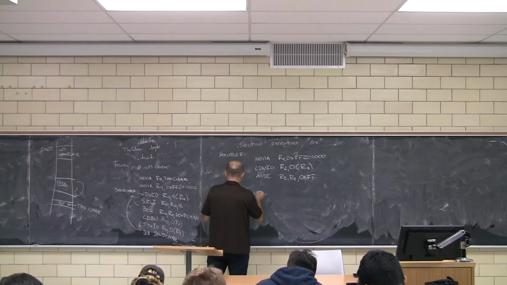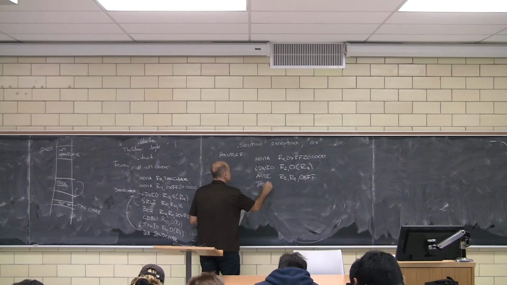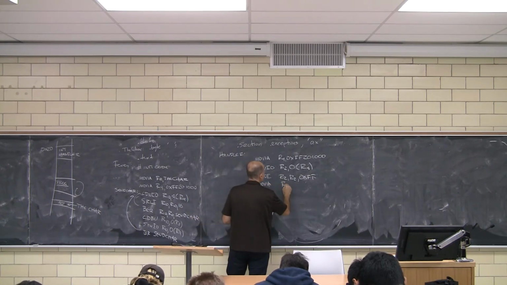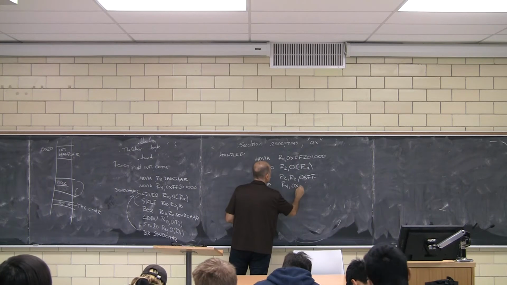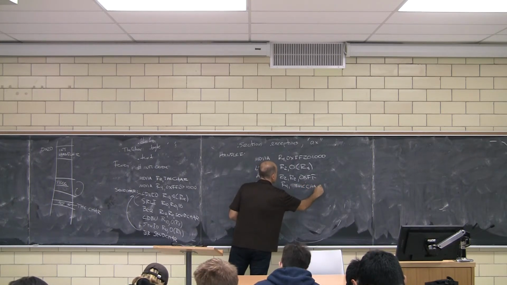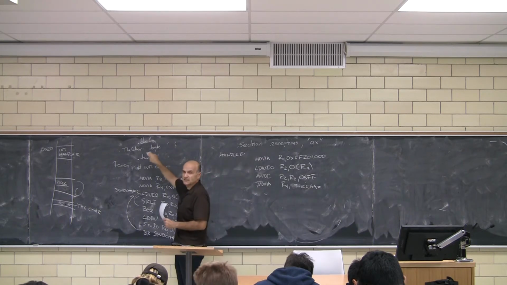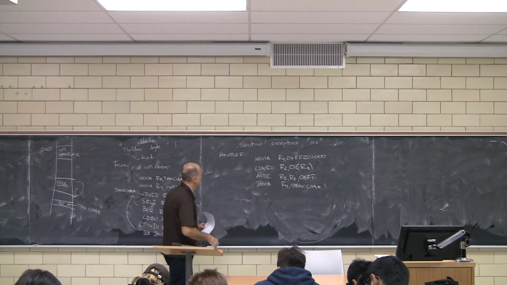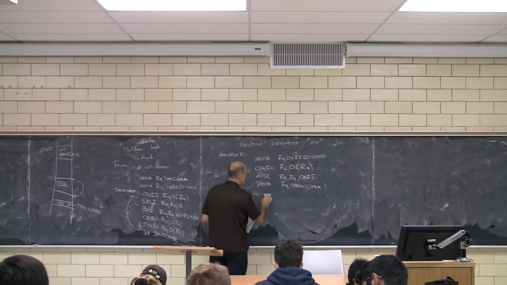And then we can do a store byte. movia R4, 0x, the char, which by the way is the address where this byte is in memory. And I should have written it with the appropriate case.